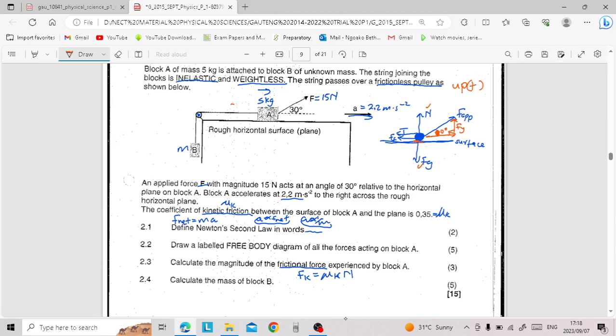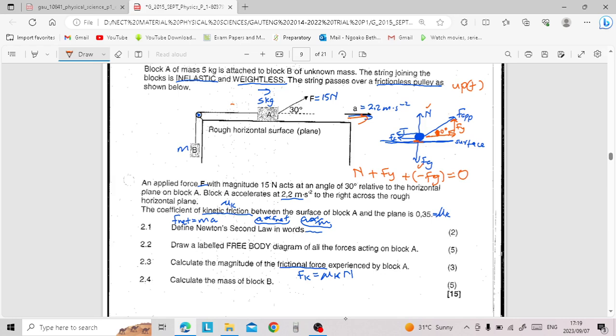So the normal force plus Fy, which are upward, minus Fg, equals to... We check whether the object can move up or down. The object is only accelerating to the right, so it does not move up and down. The forces upward and downward are in equilibrium, they balance, and give us 0.